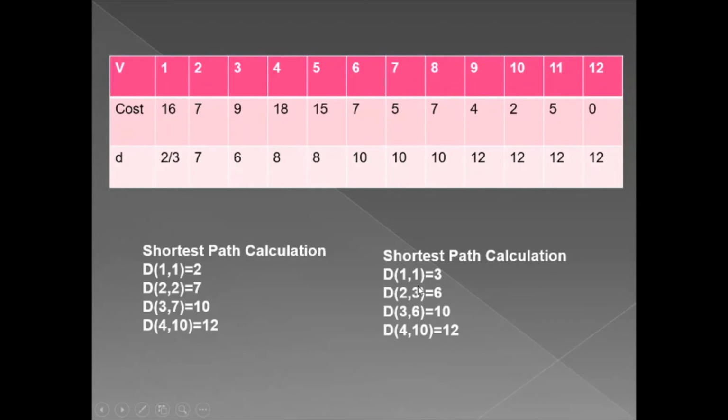Hence from the third vertex in the second stage, you can move to the sixth vertex. Whenever you are at the 7th vertex, you can move to the 10th vertex, hence we write 10 over here. Whenever you are at the 6th vertex, you can move to the 10th vertex, so we write that here. Next, whenever you are at the 10th vertex, the minimum cost path is to 12, and here also it gives you 12.